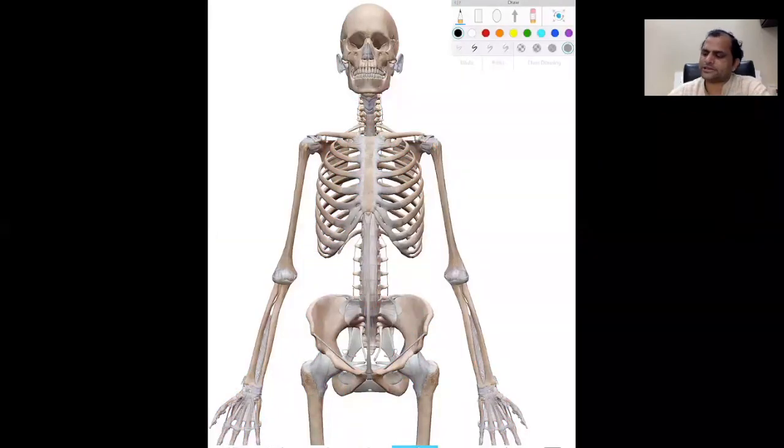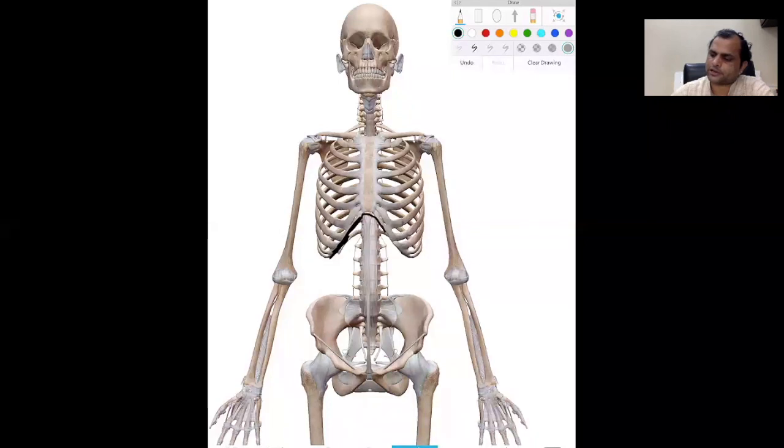If we look at this image, I'm taking the support of this image because the diaphragm and everything is very clear. We can see how the lower part of the rib is going and making this curve. This curve may be higher or lesser for every individual.